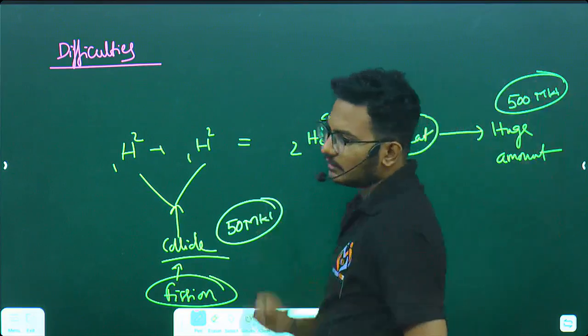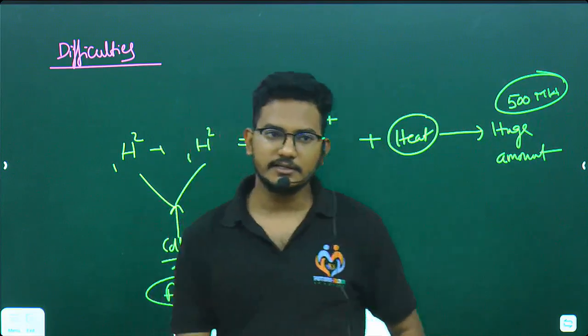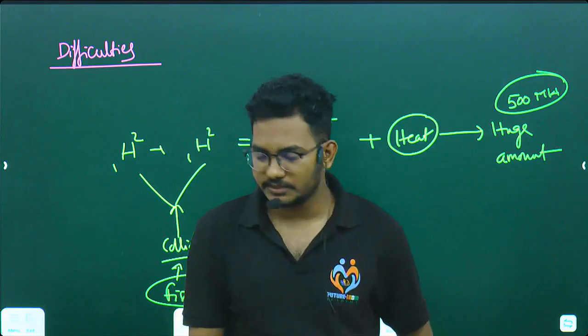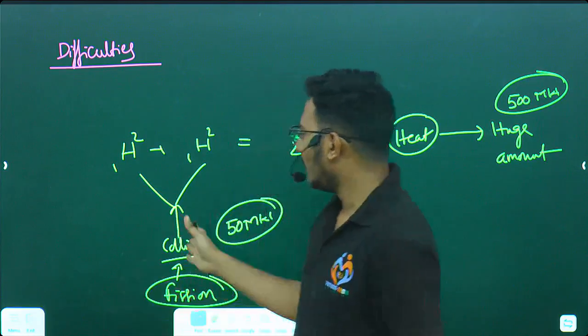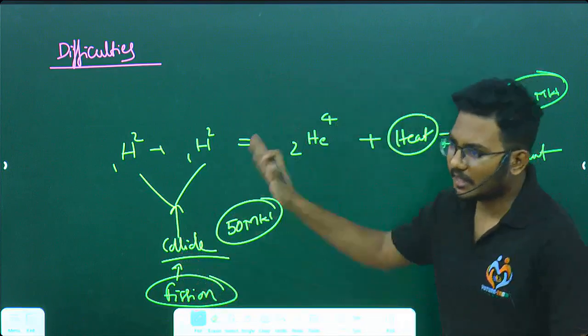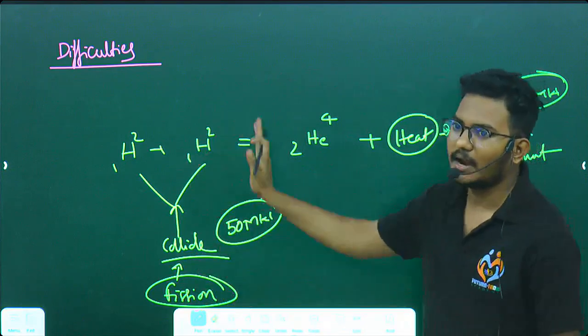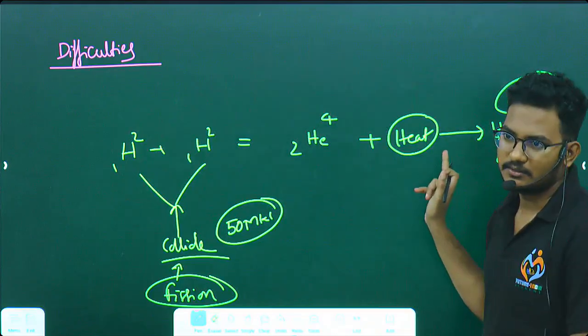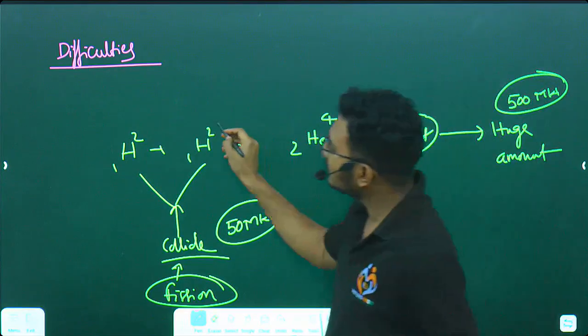So simply what I am trying to tell you is, if you want to do this fusion process, first you need to throw an atom bomb over there. With the energy of the atom bomb, the particles will collide, then it will produce the energy. Understood?